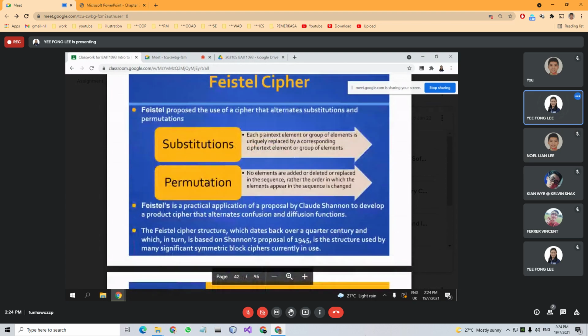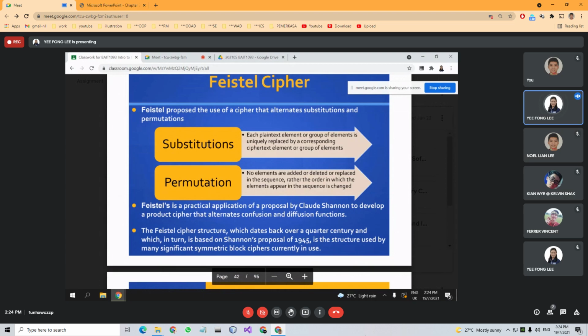Okay, now we look at the Feistel cipher. Hard to pronounce. This Feistel cipher is not a specific scheme of block cipher. It's different, but they are still using the same methods, substitutions and permutations.